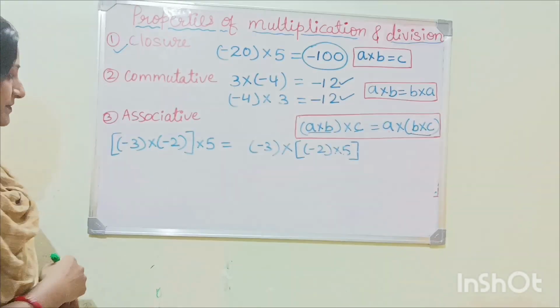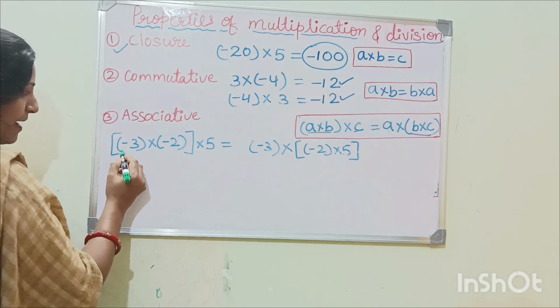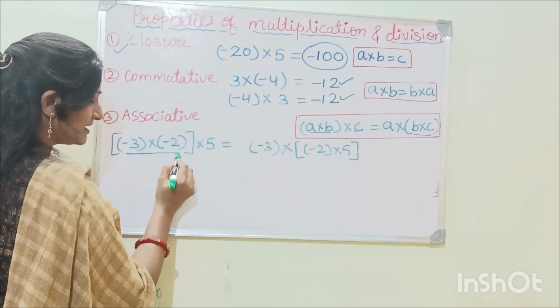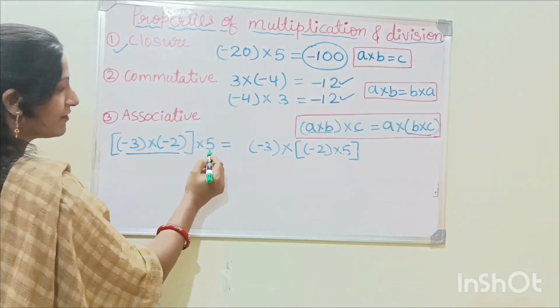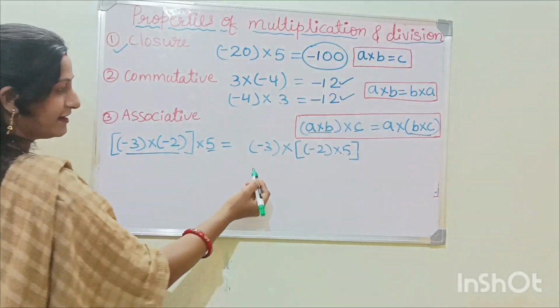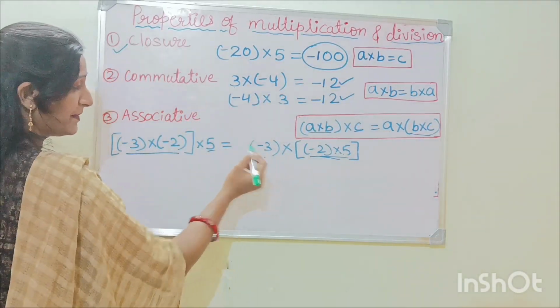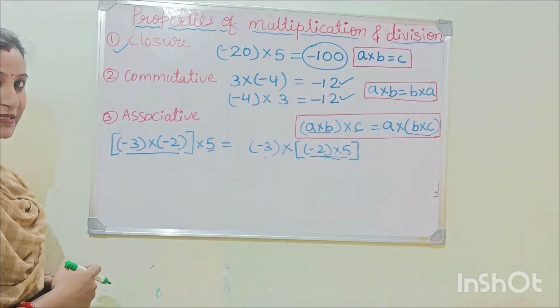Let us check. We have one example. Minus 3 into minus 2. The product of these two integers will be multiplied by 5, and here the product of these two integers will be multiplied by minus 3. So is it going to be the same?